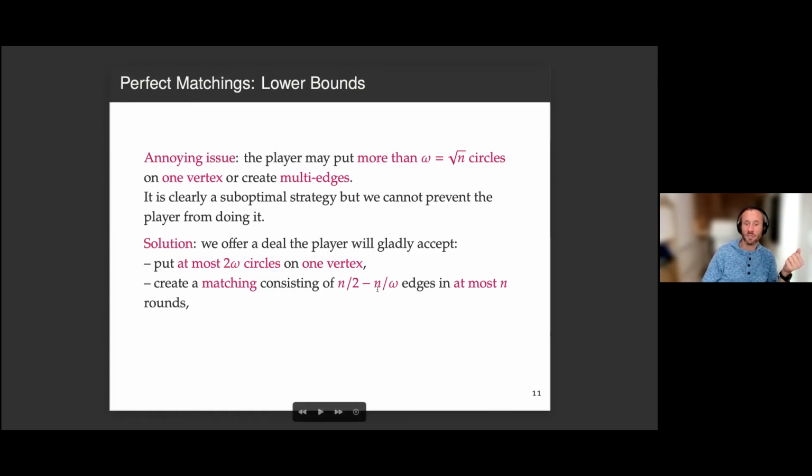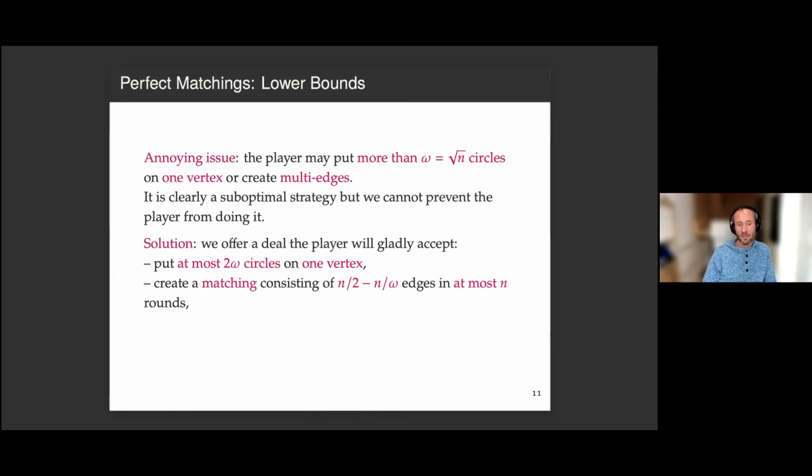So it's more beneficial for you to just say, okay, I just don't do that, and I get, in some sense, this vertex for free. Again, a simple coupling can show that if I can win the original game, then I can certainly win this auxiliary game. So if I'm offered the deal, there's no point for me to play the original game. I'll simply be playing this auxiliary game.